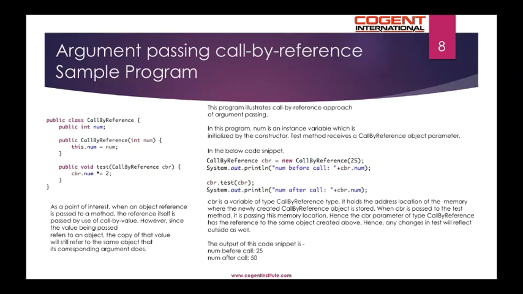So although it looks like a call by value, where the value of the memory location is copied from the argument to the parameter, they are referring to the same object in memory. So any changes made by the method using the parameter actually change the object in memory. So after the method call, whatever changes are persisted in memory will be available after the method call as well.